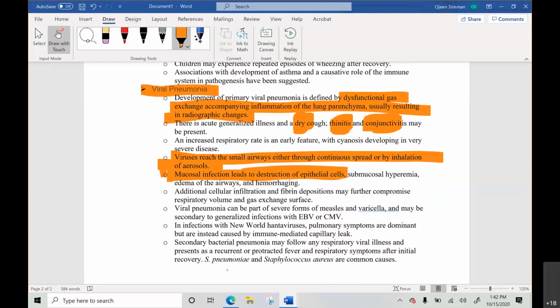Viral causes of pneumonia include measles, varicella, hantavirus as well.